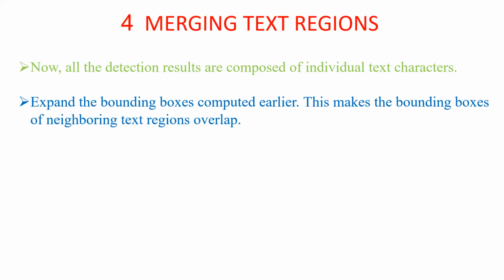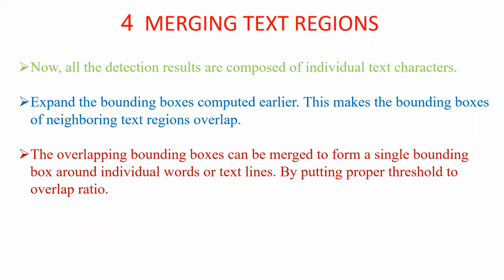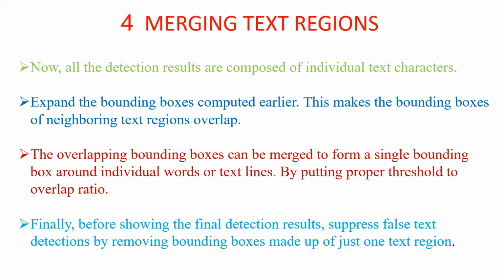This makes the bounding boxes of neighboring text regions overlap. The overlapping bounding boxes can be merged to form a single bounding box around words or text lines. By putting a proper threshold on the overlap ratio, we can merge the individual text characters.